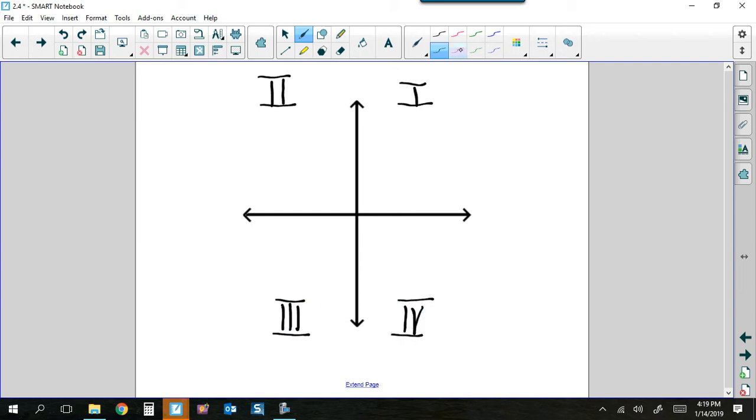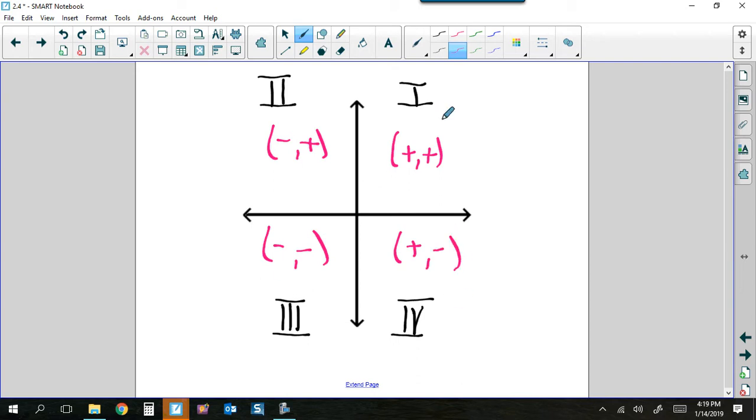You know that the signs, when I do these, your x and y are both positive. Over here in quadrant 2, your x is now negative, your y is positive. Down here in quadrant 3, we are at a negative, negative. And down here in quadrant 4, we are at a positive for x, but a negative for y.